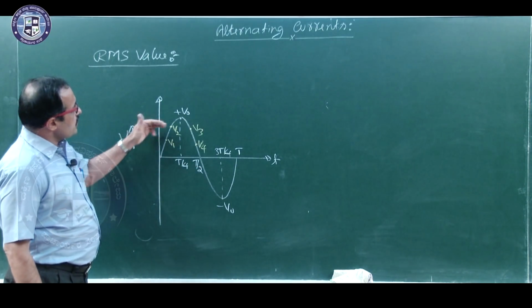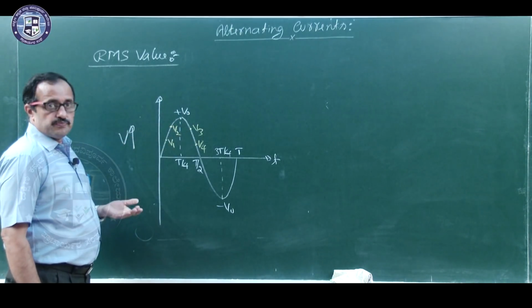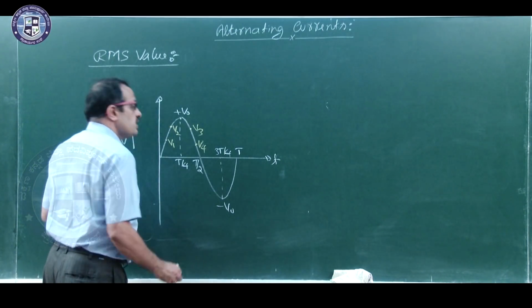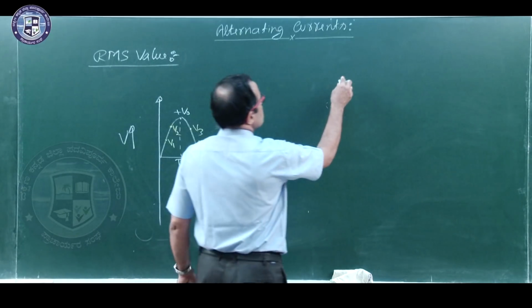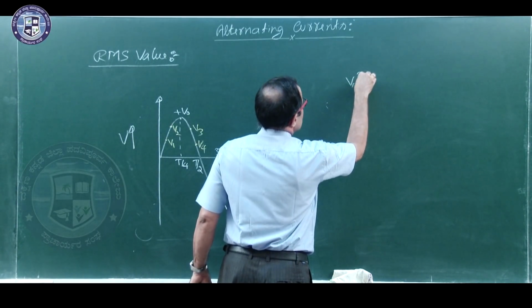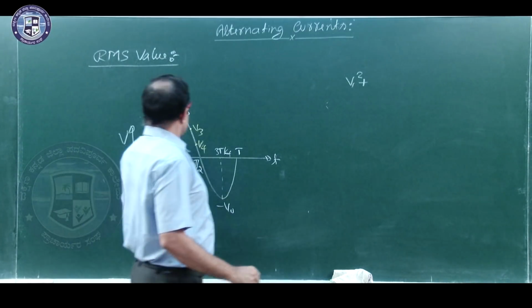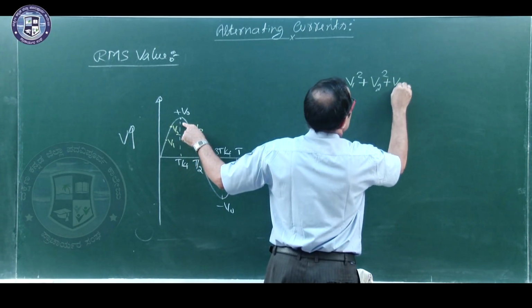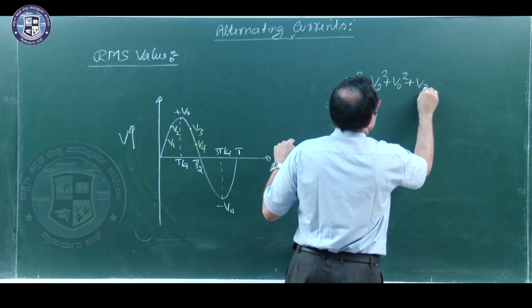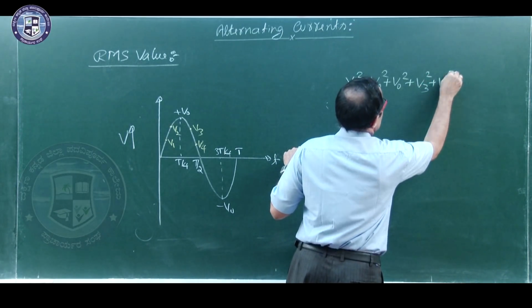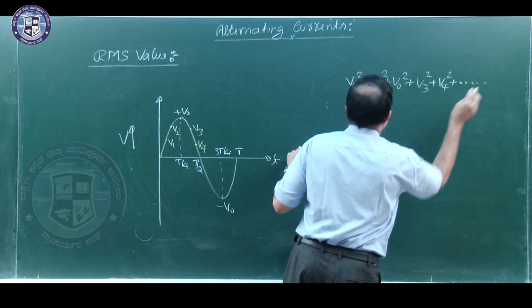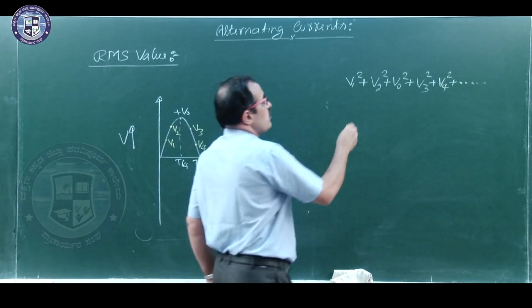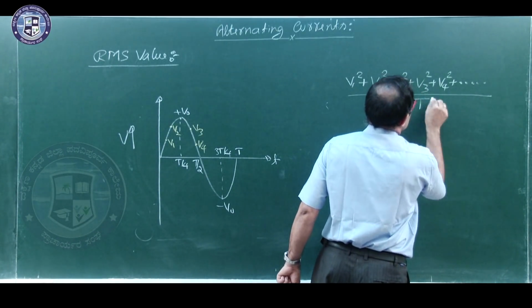For every value, we get the square: V1 square, plus V2 square, plus V0 square, plus V3 square, plus V4 square, etc., over the complete cycle, up to the time t, divided by t.